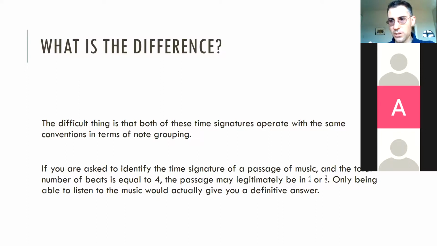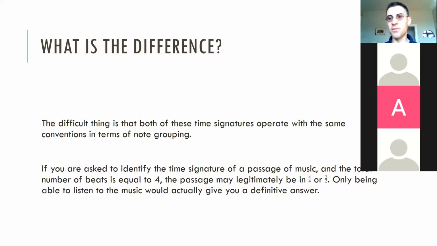Now, just a point of noting something. 4/4 and 2/2 use exactly the same conventions of grouping of notes. So if you get a question in a test or an assessment which says, identify what the time signature of this is, and the whole bar is equal to 4 beats, it could be 4/4 or 2/2.